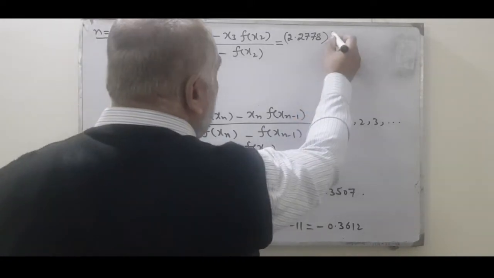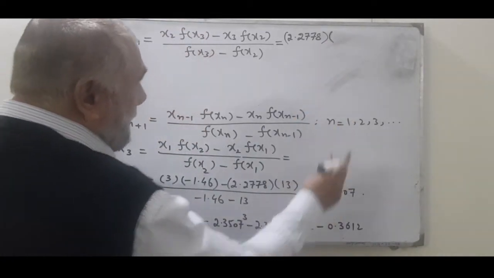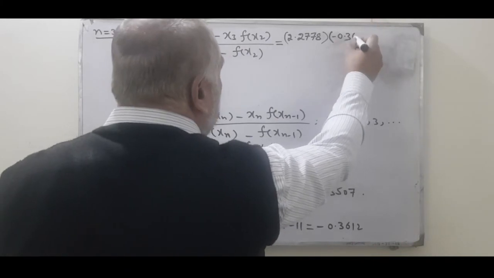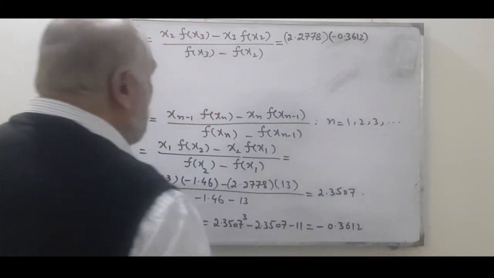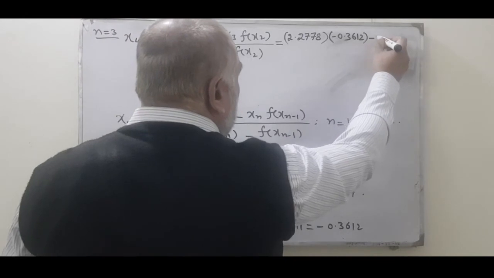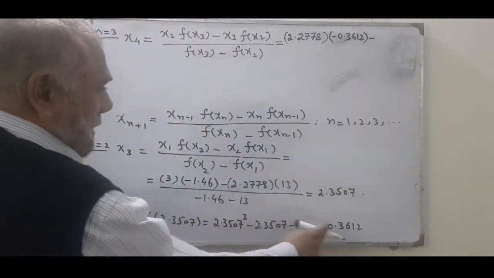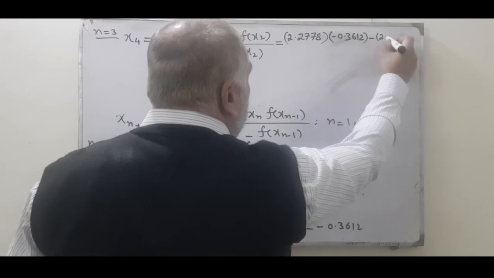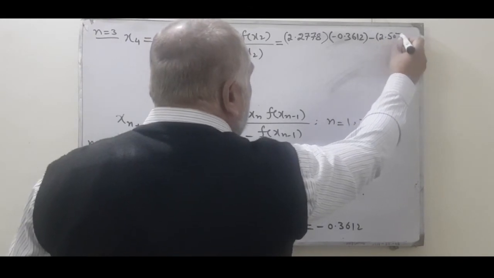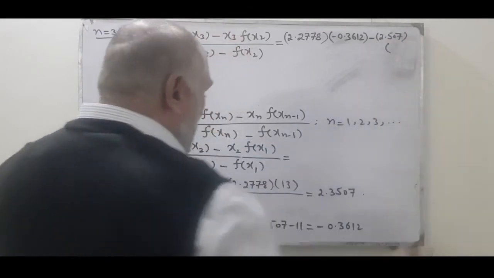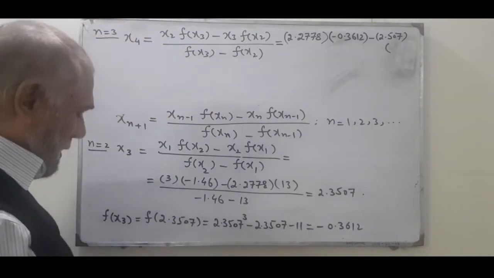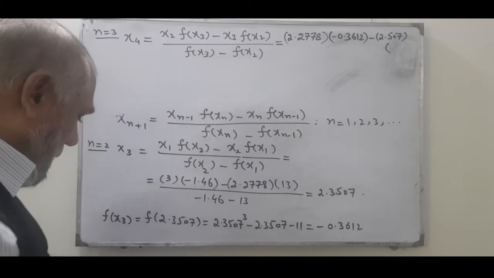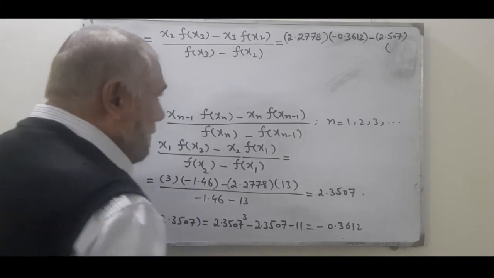The function value is minus 0.3612, minus x3. x3 is, we have just calculated, equal to 2.3507, and the function's value of f(x2) is, we had already calculated, equal to minus 1.46.